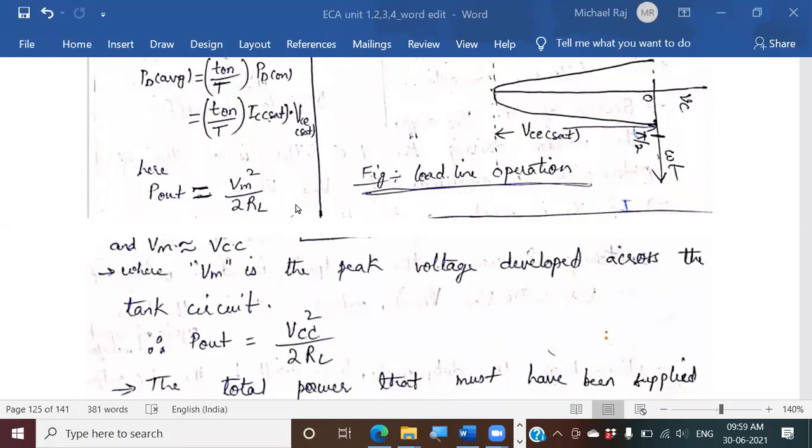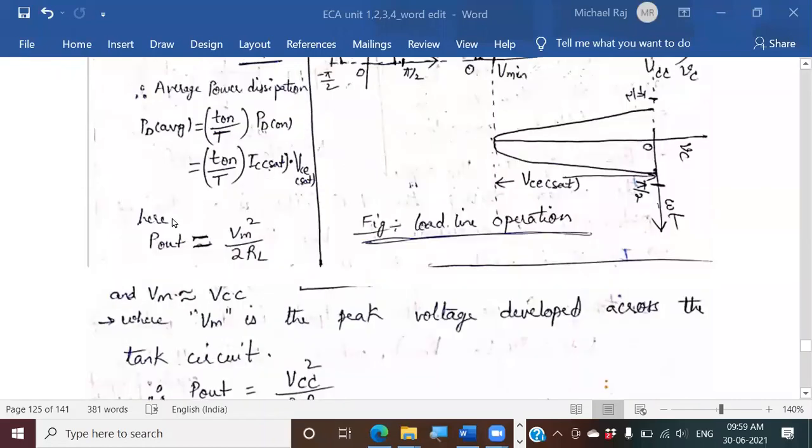So we take Vm by root 2 whole square by RL. Voltage square by RL gives you power. Because we are seeing the output, we call it output power, and this is AC because we are considering the sinusoidal signal.